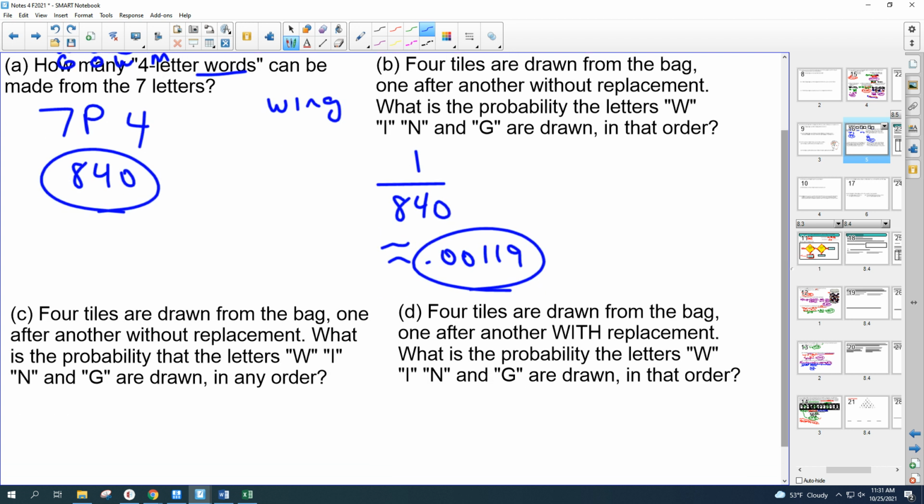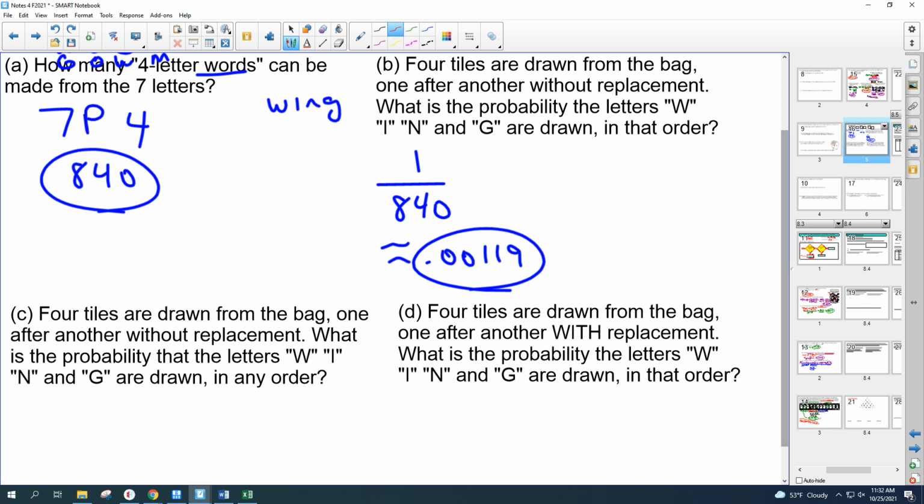Part C, 4 tiles are drawn from the bag, one after another without replacement. What is the probability that the letters W, I, N, and G are drawn in any order? So anything, any order. So, I guess it's kind of hard to think of this as a group from a group problem because you are drawing them one at a time.